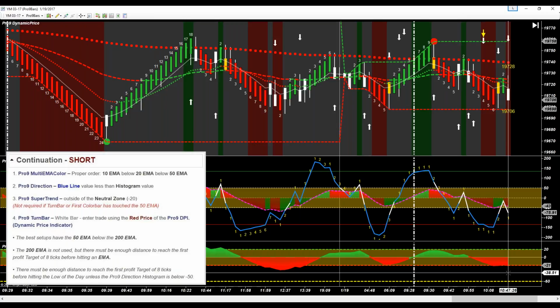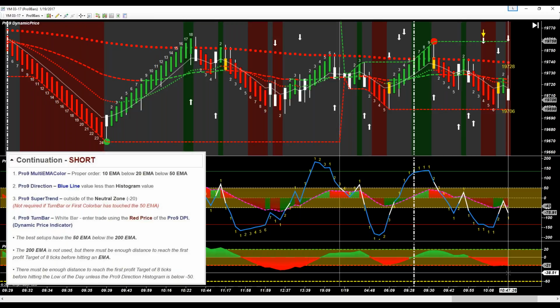One of the main things I do want to clarify is the blue line. There are going to be times where the blue line is kind of far away from getting to the correct side of the histogram, and I follow the rule, if I'm not sure, wait. It's much better to wait for the bar to close and confirm that the blue line actually gets to where it needs to be to qualify that trade than to enter ahead of time when we're not sure or we're not past our comfortable threshold of confidence, whatever that may be for you.